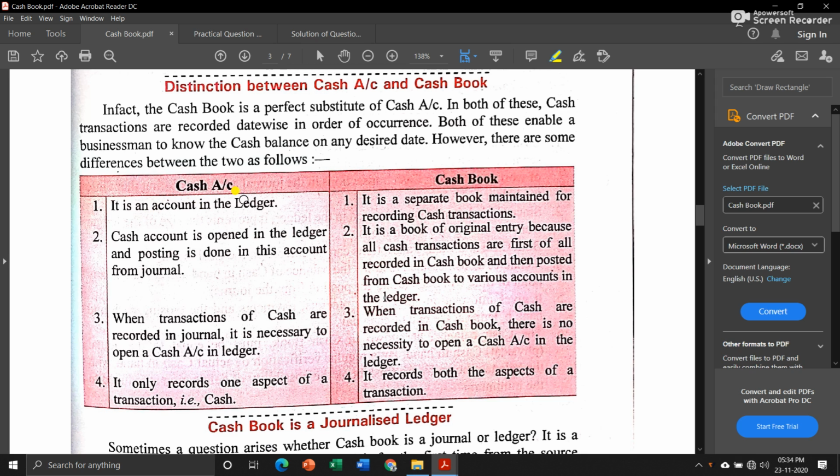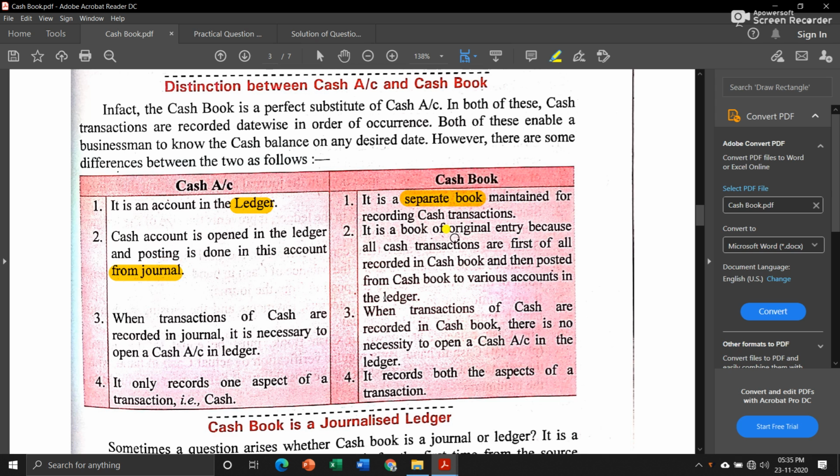Cash account is an account in a ledger, but cash book is a separate book. Let's take the example of capital account: it is only an account, but for cash book we create a whole separate exercise book for maintaining it. Then cash account is opened in the ledger and posting is done in this account from journal.